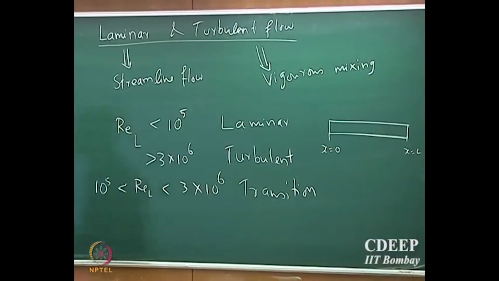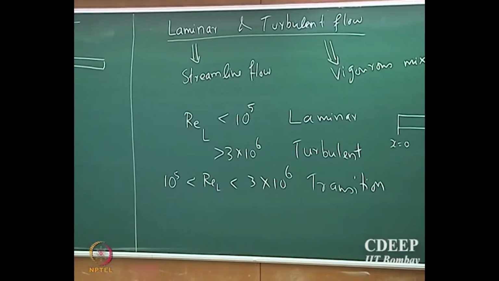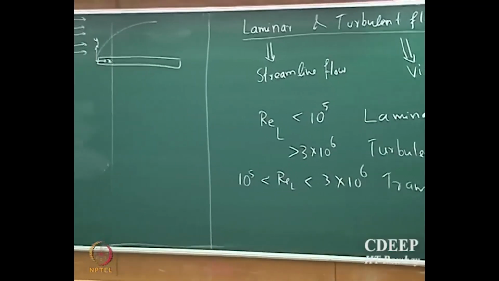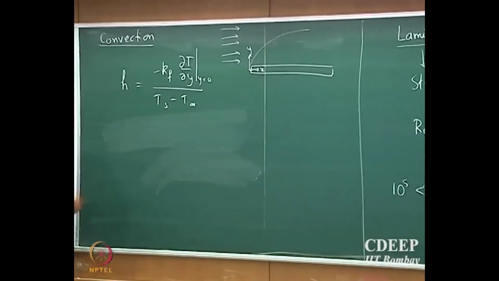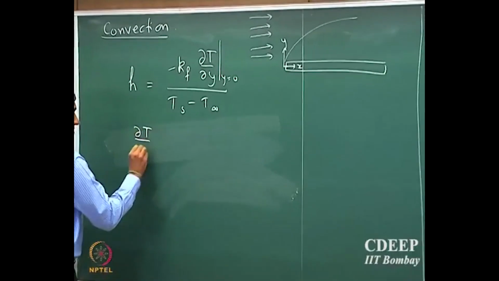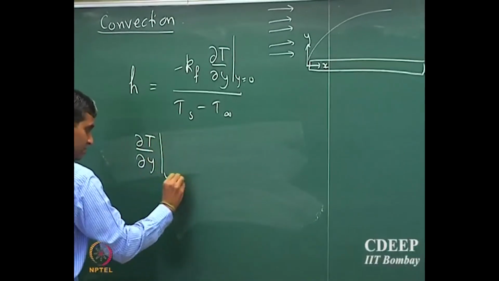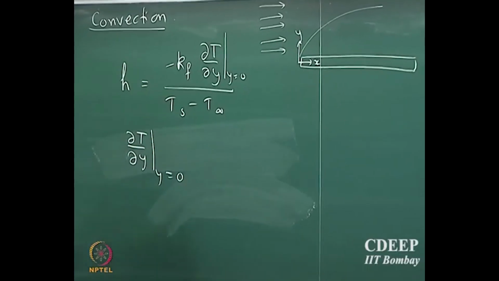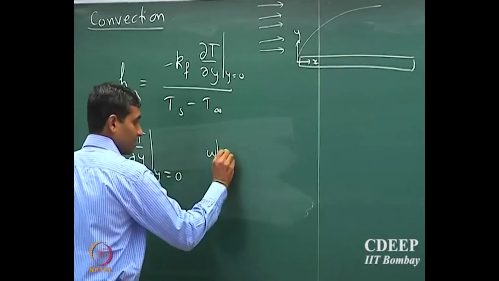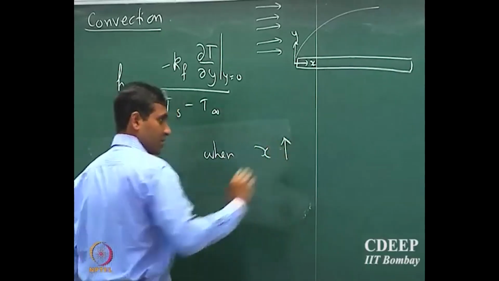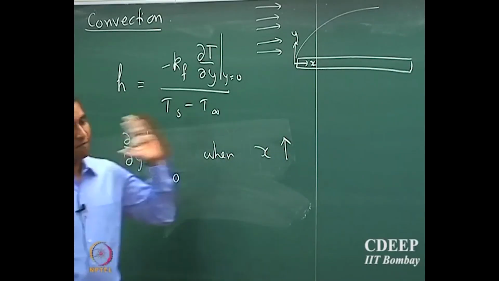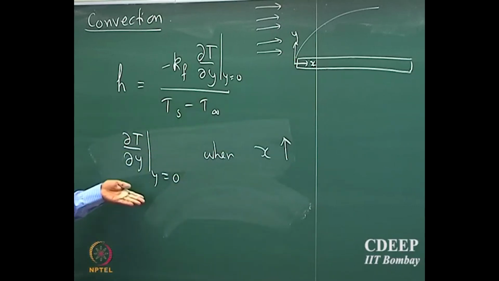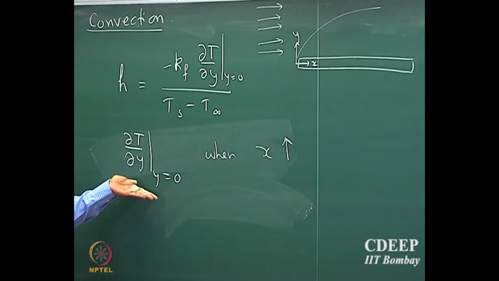supposing I stare at the heat transport coefficient expression. Now, what can we say about the gradient as a function of x? When you go along the flat plate, do you expect the gradient to decrease or increase? What do you expect?